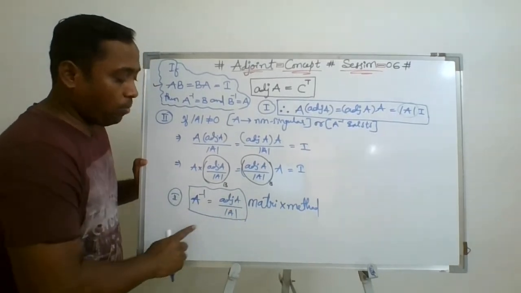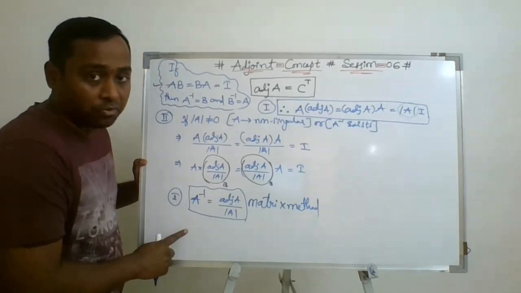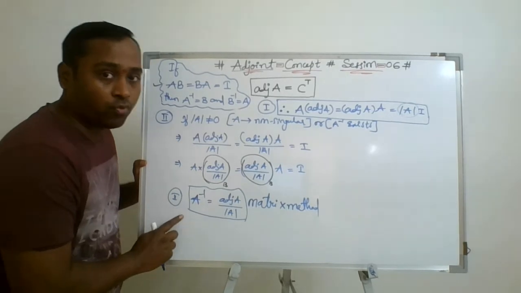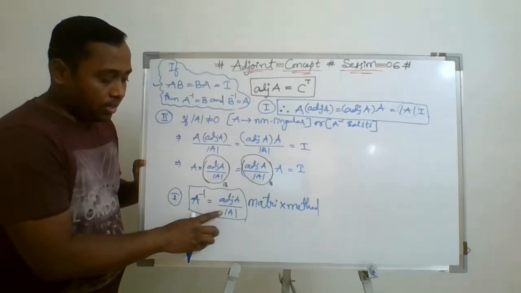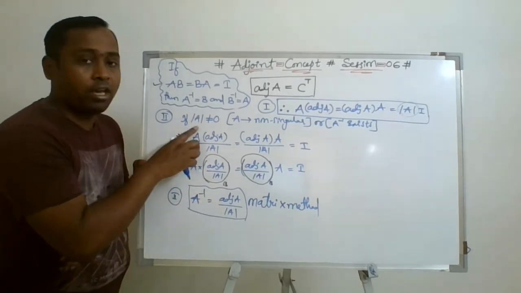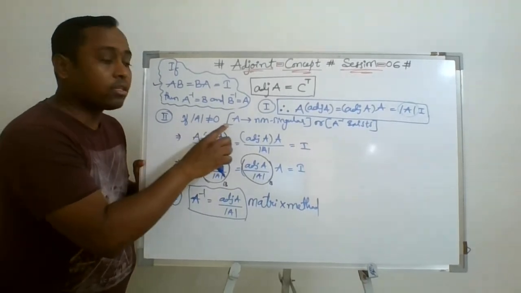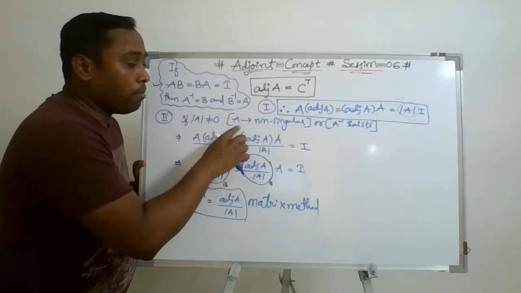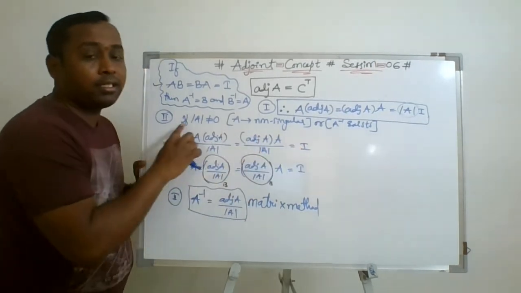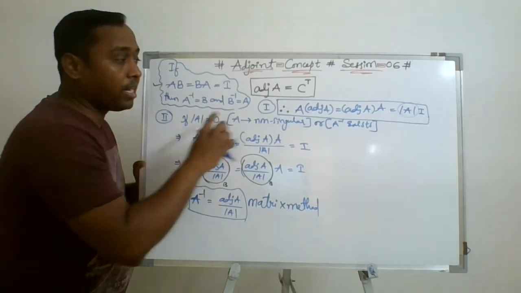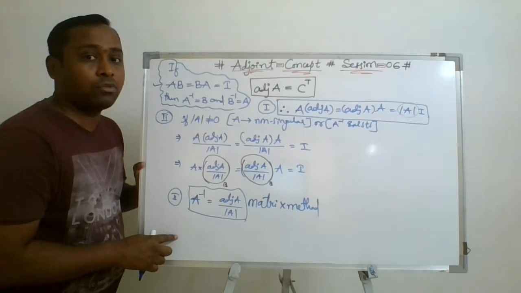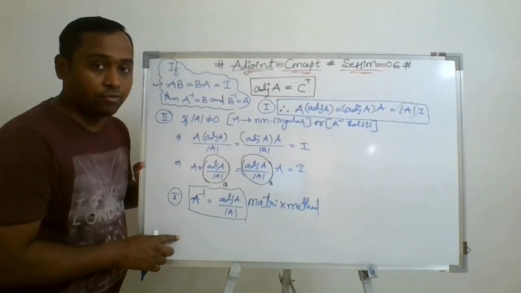This is the formula to find the inverse of a square matrix, but the condition to apply it is that det A, which is in the denominator, cannot be equal to 0. Hence, the square matrix must be a non-singular matrix. Then only can we say A inverse exists, and then only can you use this formula to find A inverse.